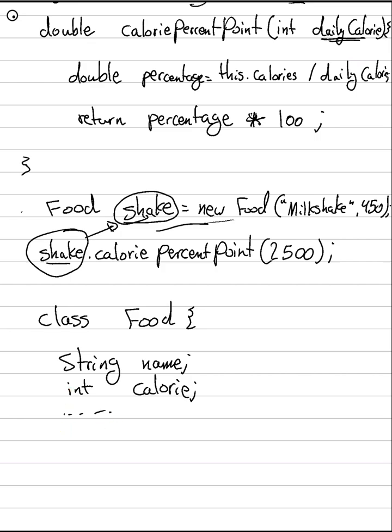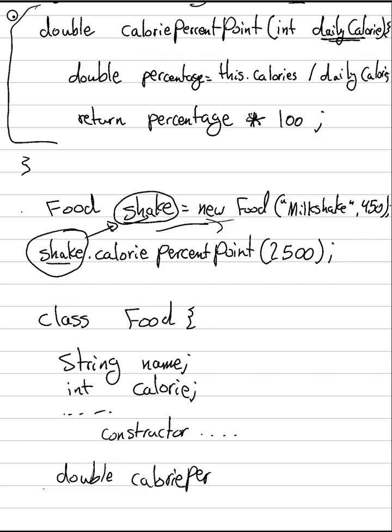So that's how this is getting made. So imagine there's a constructor here too. Then this method that we just created is inside this class. So it's going to be here. So it's going to be double calorie percent point and daily calorie.